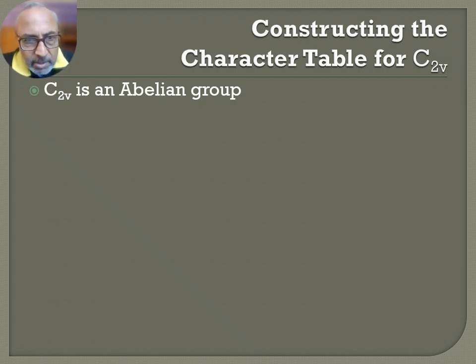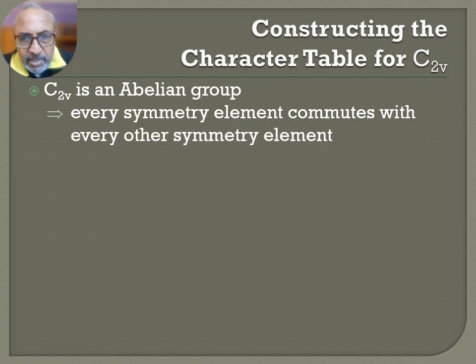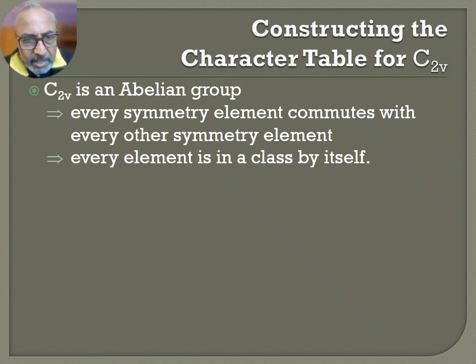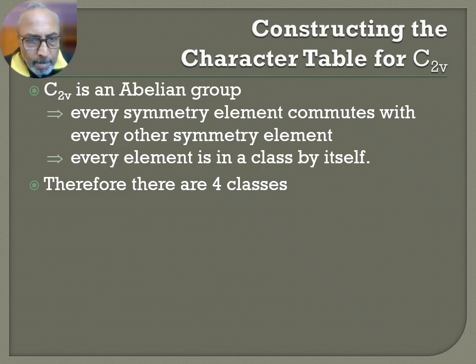First of all, we recall that C2V is an abelian group. That is, every symmetry element commutes with every other symmetry element, which implies, from the theorem we introduced in the previous episode, that every element is in a class by itself. Therefore, there are 4 classes, since the order of the group is 4.